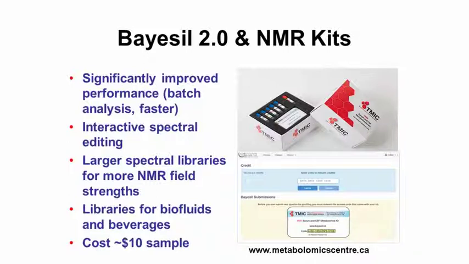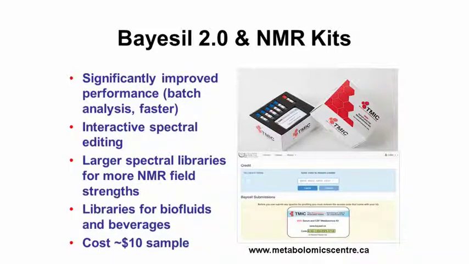So you can adjust things if you don't like what you're seeing. And then there's more spectral libraries, more field strengths. But the most important thing that's in the kit is actually the reagents, which are needed for both phasing and referencing, as well as the ultracentrifuge tubes, which are critical for getting rid of the proteins, which apparently most people forget to get rid of.